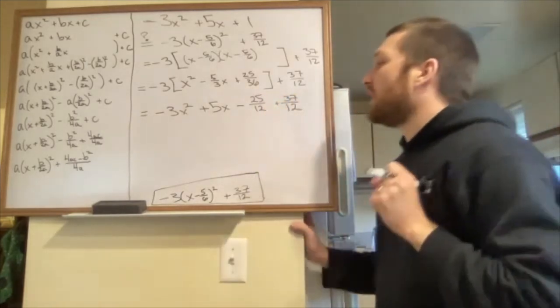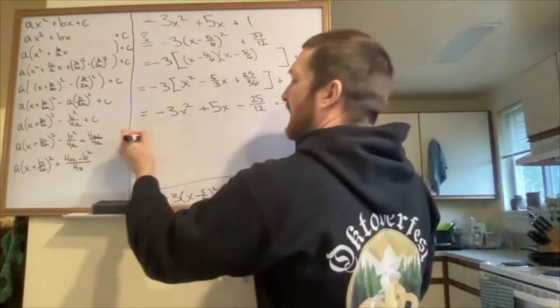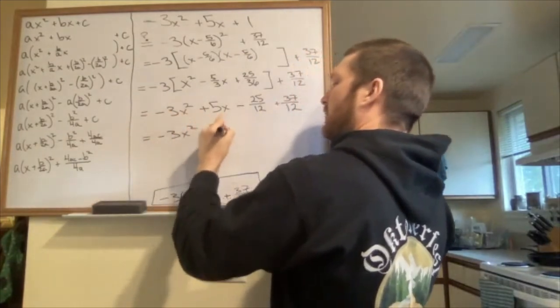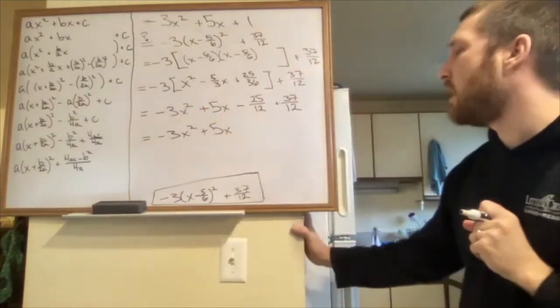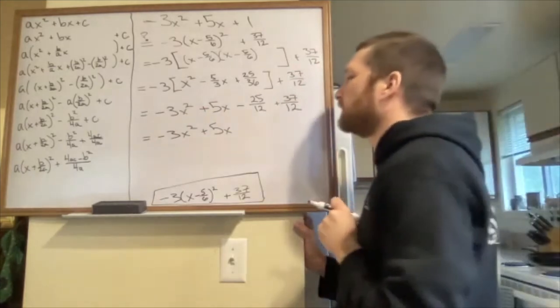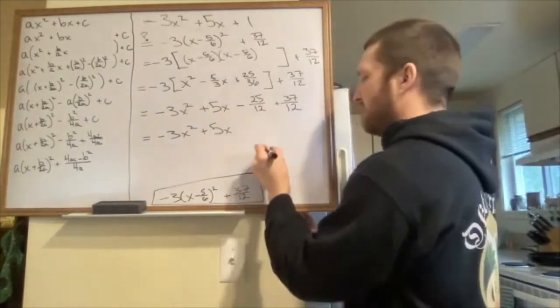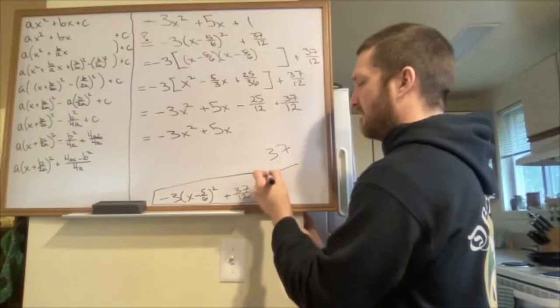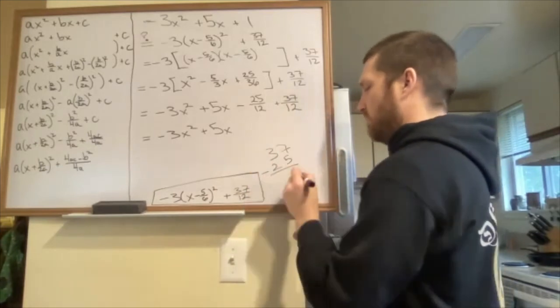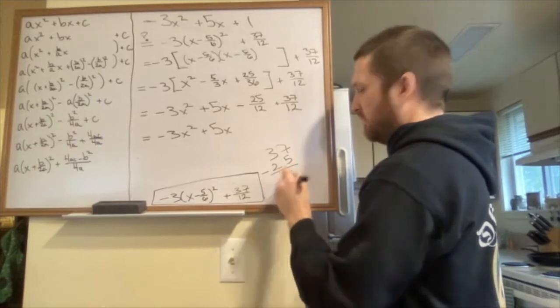Okay, 37/12 minus 25/12 is how many 12ths? Yeah, it's 12.